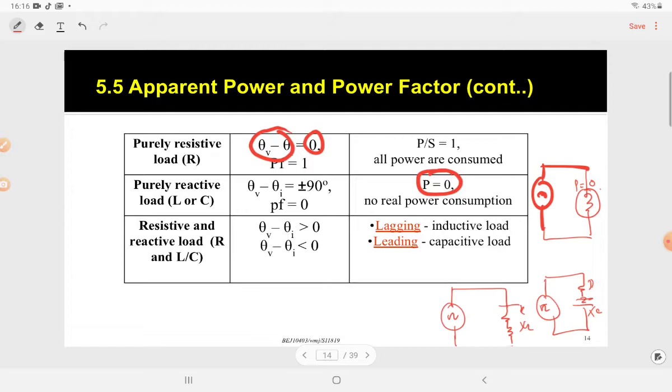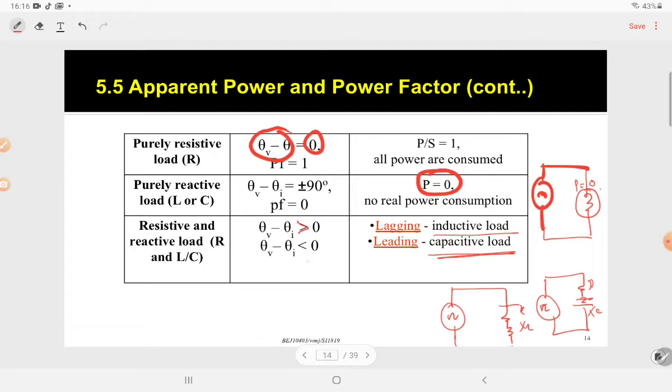When theta V minus theta I is larger than 0, the load is an inductive load. When theta V minus theta I is less than 0, the load is a capacitive load.